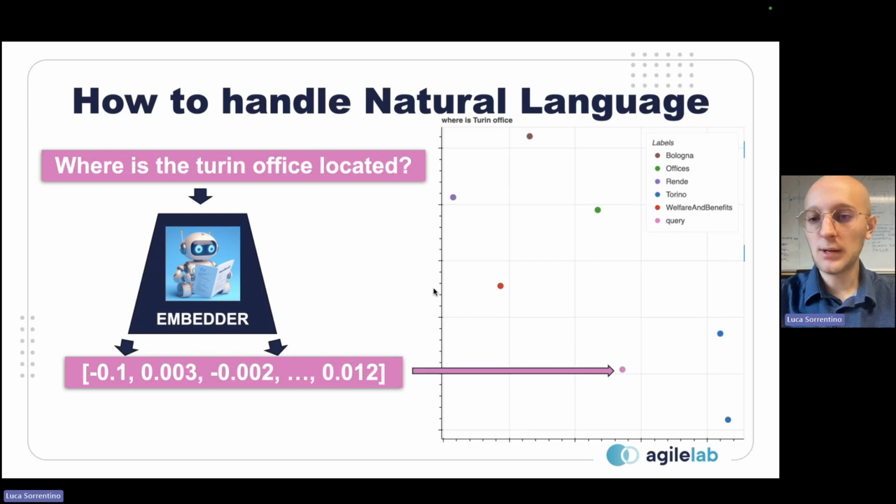In particular, you can see that the two dots that are near the pink one are sentences from the document named Turin, in blue, while in brown you can see the sentence from the document named Bologna, which is pretty far away from the pink one.